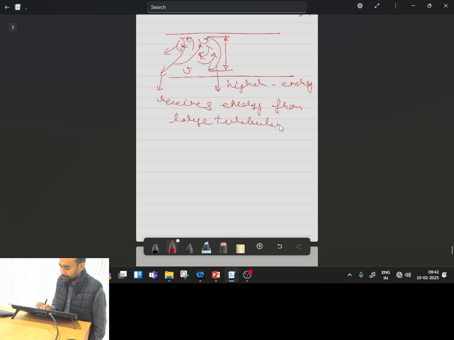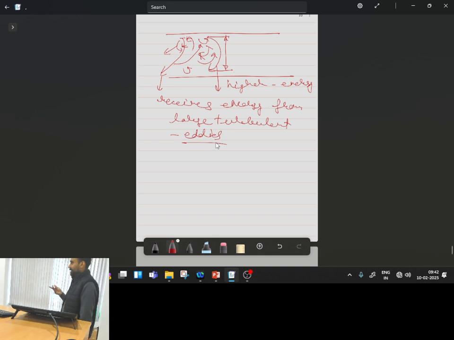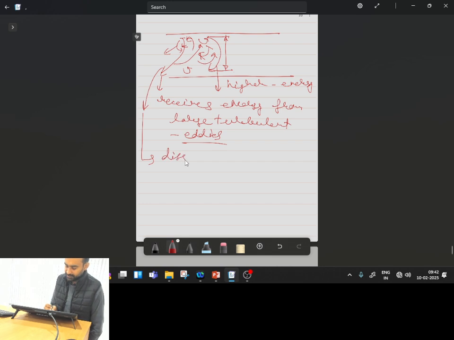Is this point clear? The smaller ones receive energy from the larger, and because of that, the smaller ones are the ones which lead to viscous dissipation of turbulent kinetic energy.